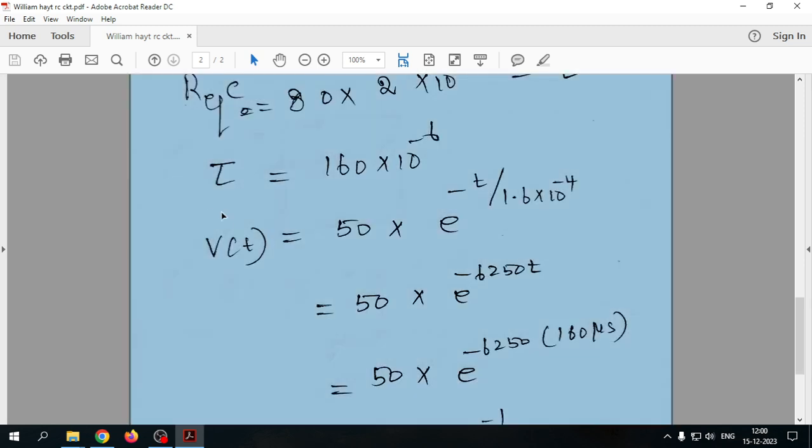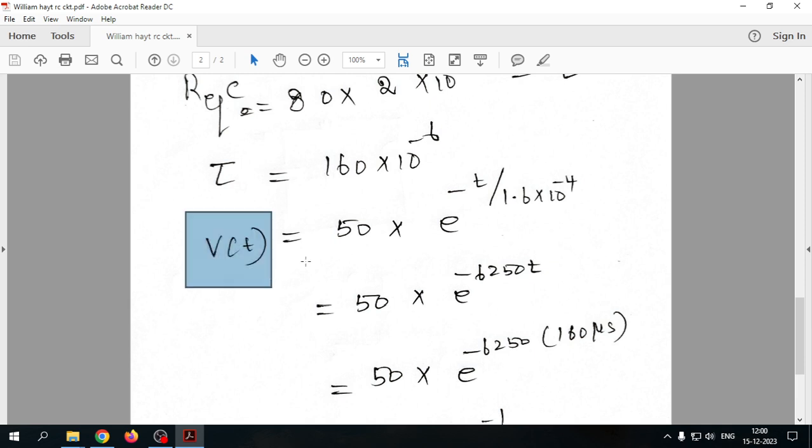Here we are going to calculate Vc of t. Vc of t is equal to V0 into e power minus t by RC, that is what we derived from the derivation. So Vc of t is equal to the initial voltage 50 into e power minus t divided by 1.6 into 10 to the power minus 4.